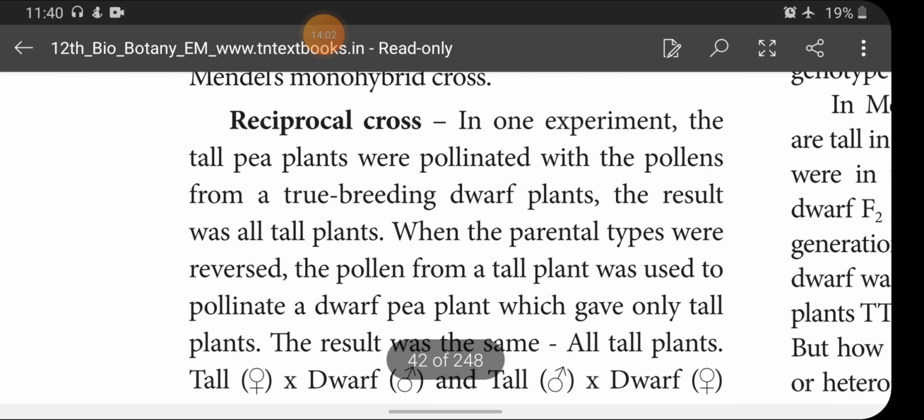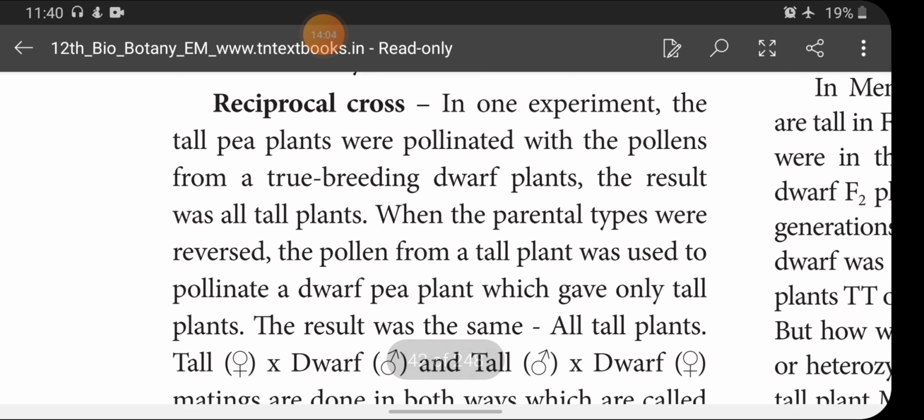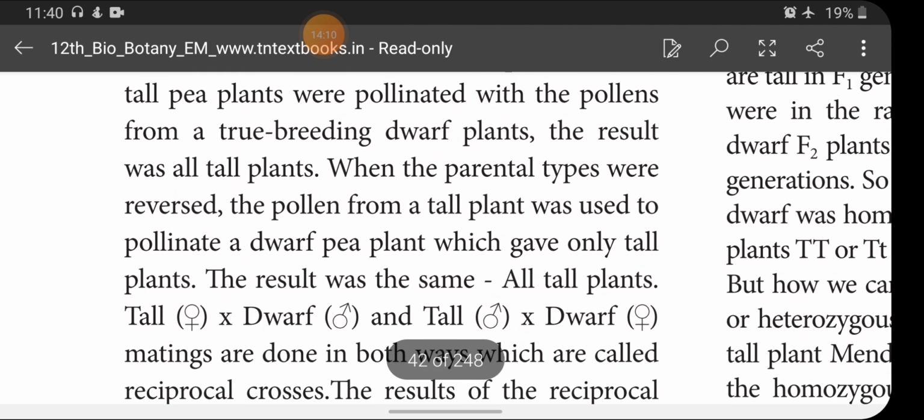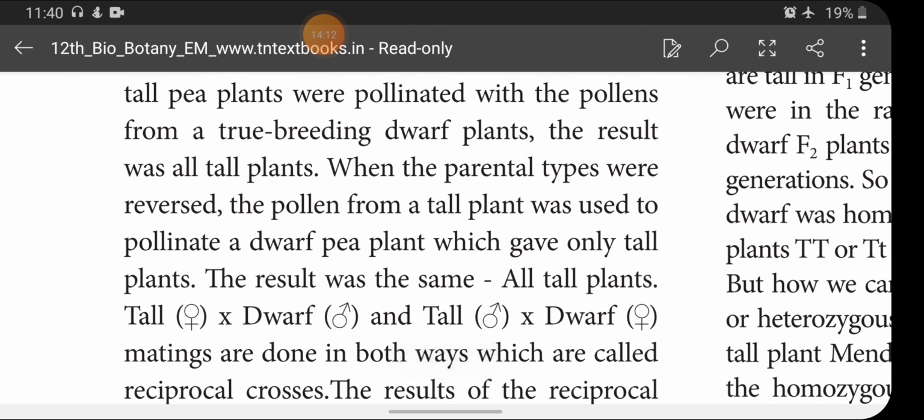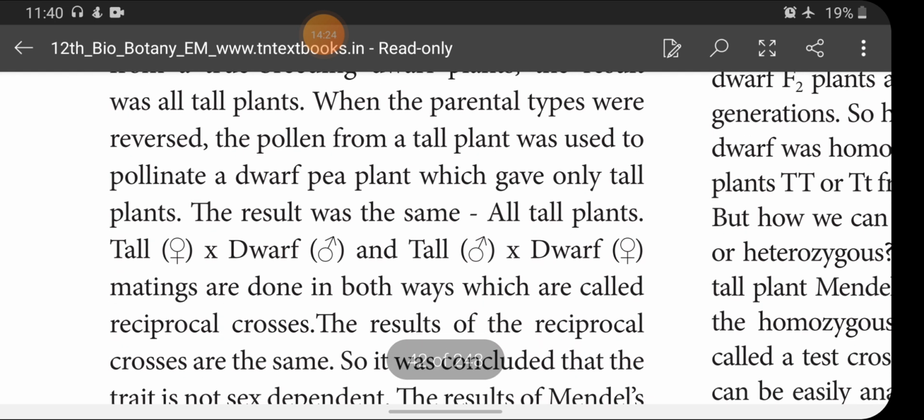And reciprocal cross. In one experiment, the tall pea plant was pollinated with the pollen from a true breeding dwarf plant. The result was all tall plants. When the parental types were reversed, the pollen from a tall plant was used to pollinate a dwarf pea plant, which gave only tall plants. The result was the same, all tall plants.